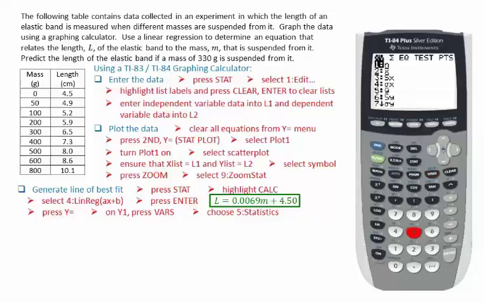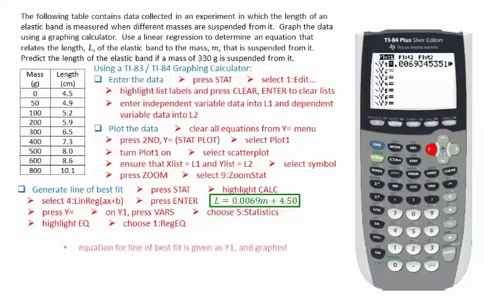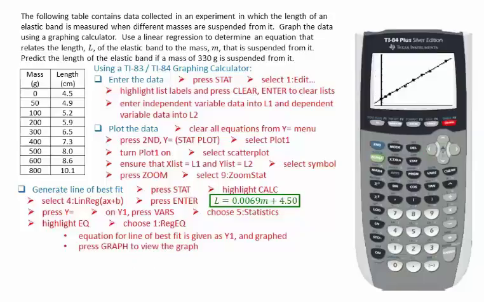We have to scroll over to highlight EQ. And then since we're doing a regression, we select option 1, RegEQ, regression equation. If we scroll back, we can then see that we have the equation written as our y1, and it's also graphed. In order to view the graph, simply press the Graph key.